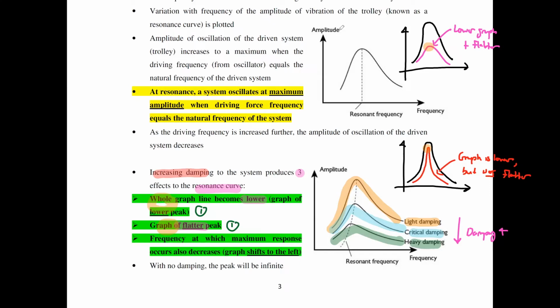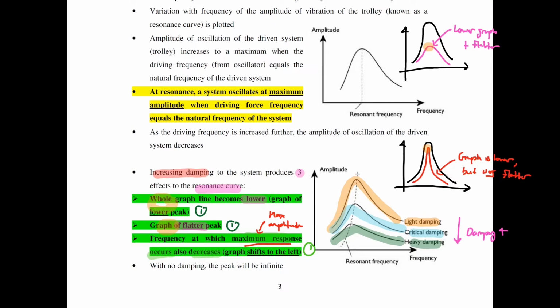Okay, there's also a third criteria when you increase damping on the system. That one is that the frequency at which maximum response occurs also decreases. Maximum response here refers to the point where you get maximum amplitude. If you increase damping, the frequency at which you're going to get maximum amplitude oscillation tends to shift to the left. So you see in your case here, for light damping, maybe I should use the corresponding colors.